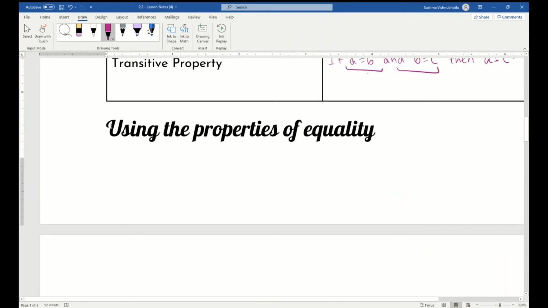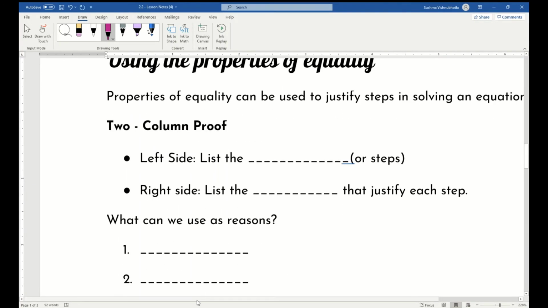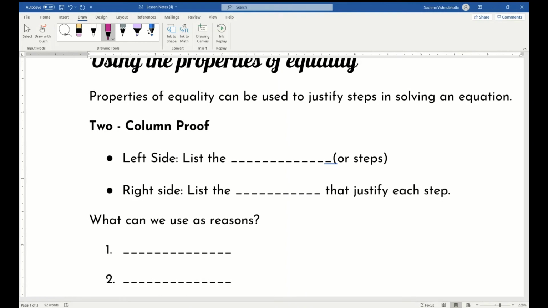So, using the properties of equality now, they can be used to justify steps in solving an equation. You do that by writing a proof.